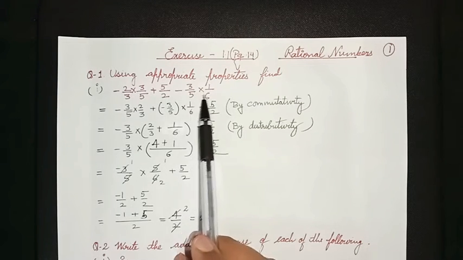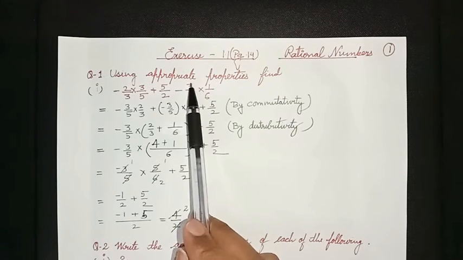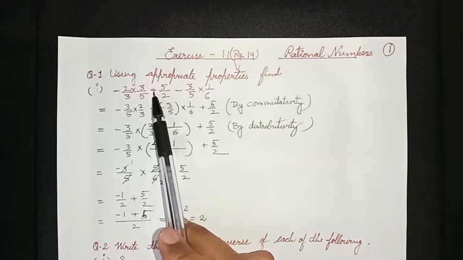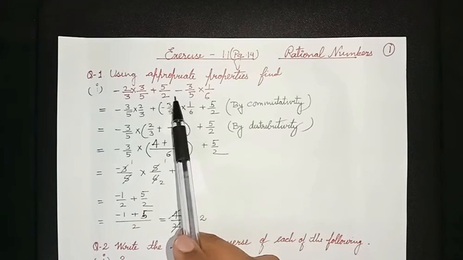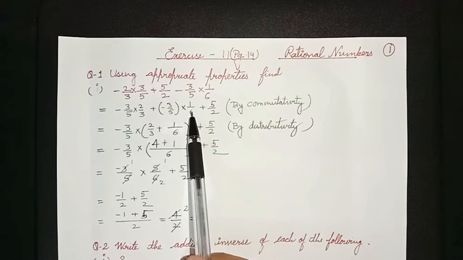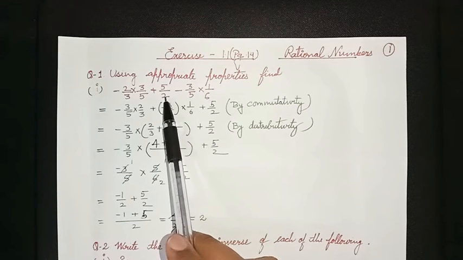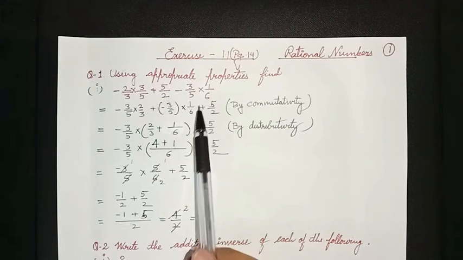I have written this minus 3 upon 5 into 1 upon 6 before plus 5 by 2. So plus minus 3 by 5 into 1 upon 6, and this plus 5 by 2 I have written after 1 by 6.